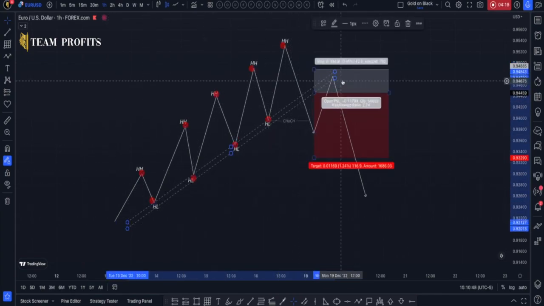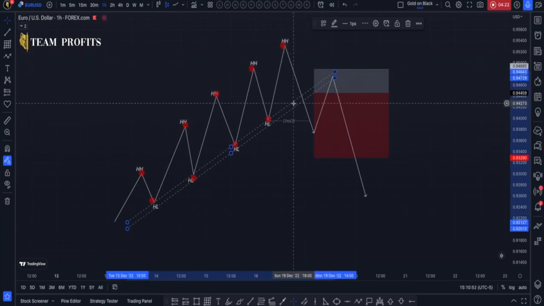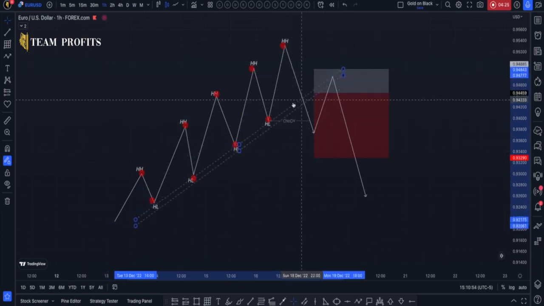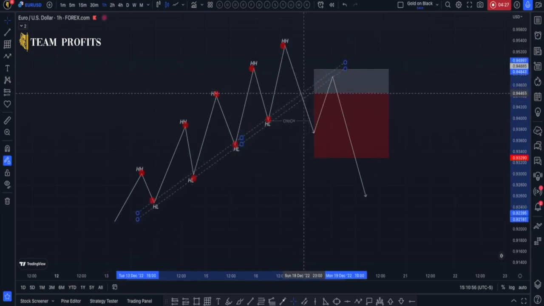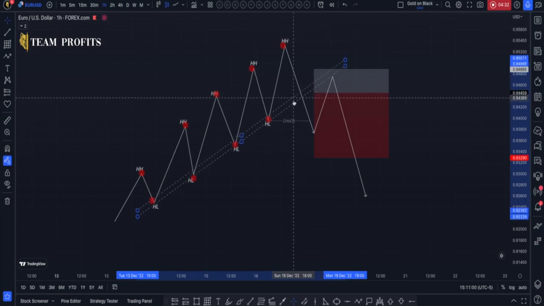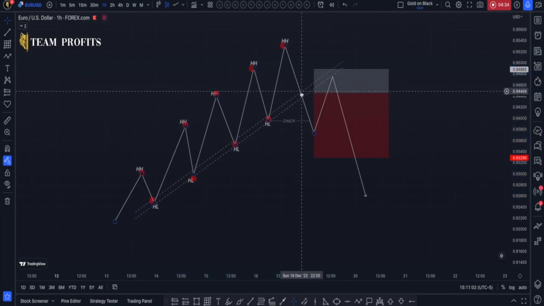Like this little trend line right there, that's why some retail traders or even smart money traders don't draw lines, because they don't focus on the line. If you just focus on the line, you're going to get confused, because just because the market is breaking the line doesn't mean that it's actually breaking the trend. You know what I mean?